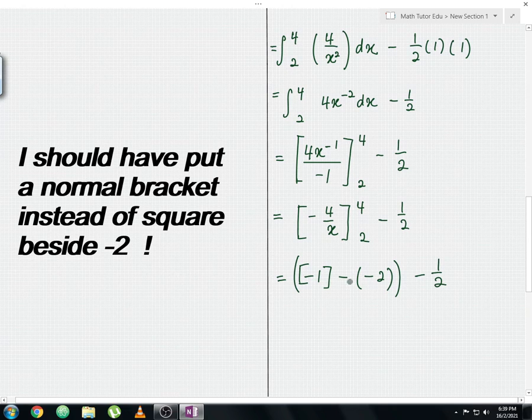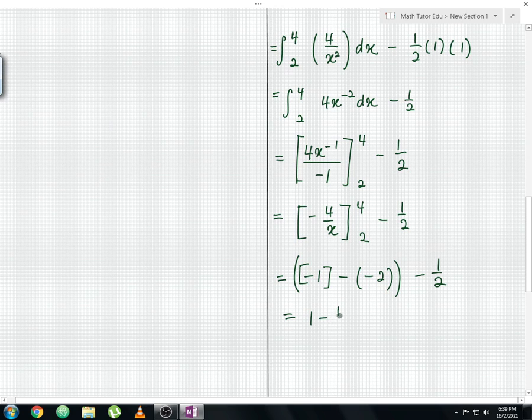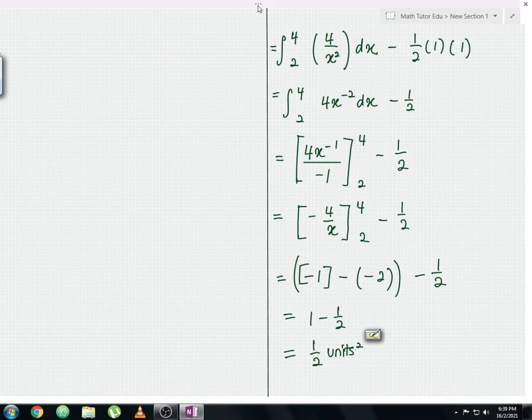So negative 1 plus 2 gives you 1. Then 1 minus 1 over 2, you get your final answer, which is 1 over 2 units squared. So this is your answer for question part B. Let me underline the solution now.